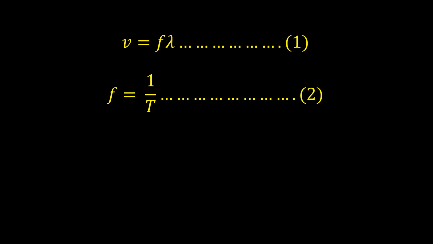You can see that we can substitute f into equation 1. When we do that, we are left with v for the speed equals 1 divided by T, all multiplied by the wavelength lambda. 1 multiplied by lambda is just lambda.